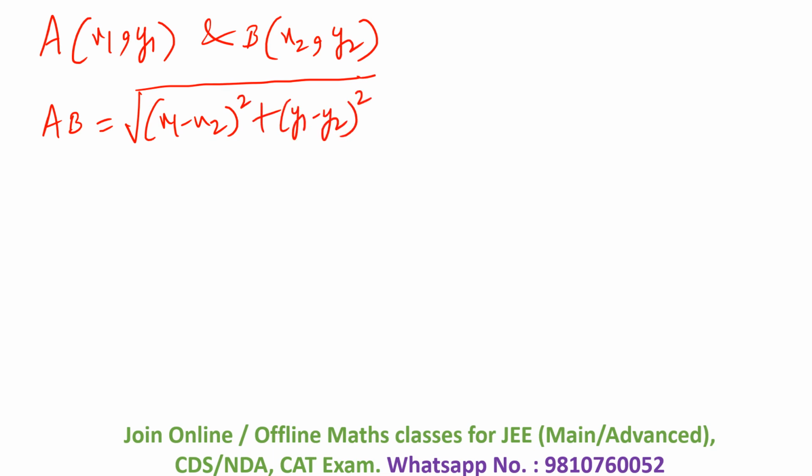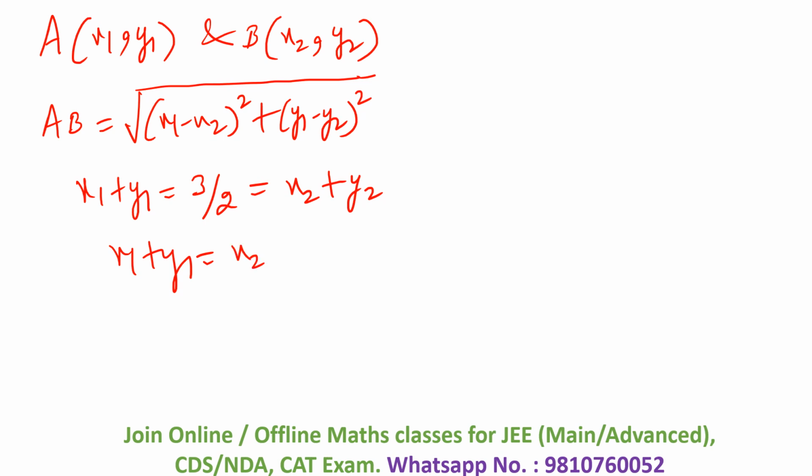Just apply distance formula. Now we know that both points A and B will satisfy the equation of the chord AB. So that means I can say x1 plus y1 equal to 3 by 2 further equal to x2 plus y2. So this means x1 plus y1 will be equal to x2 plus y2.